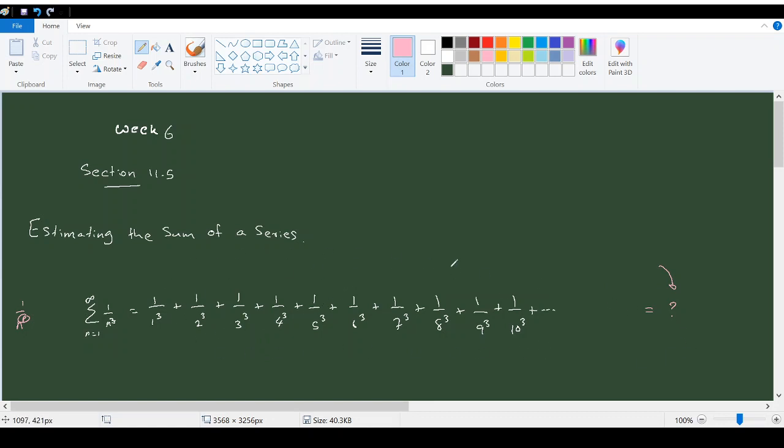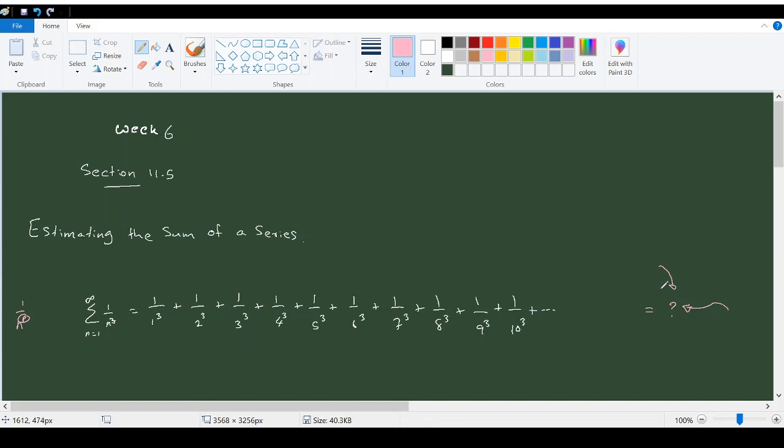That means the addition of these infinite terms will give a finite number, but we don't know its value. And computing the exact value of this finite number is nearly impossible. It's very difficult to figure out a way to compute it.